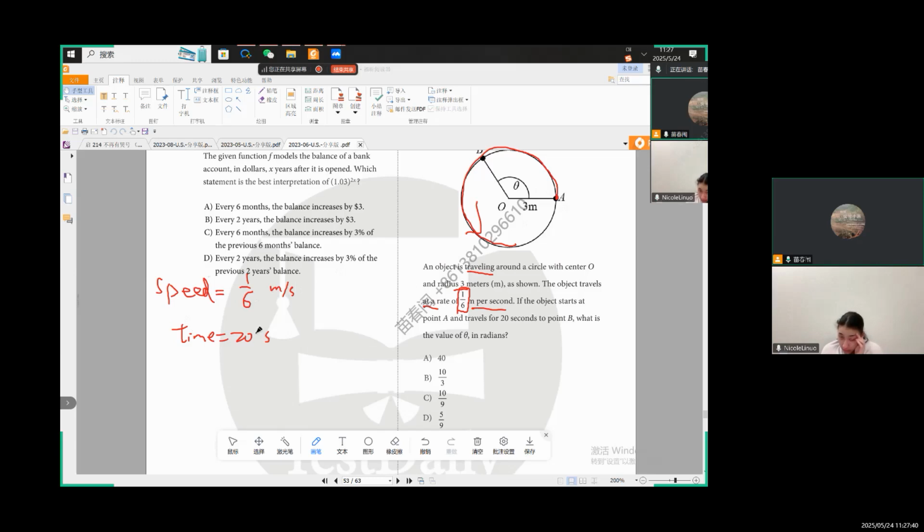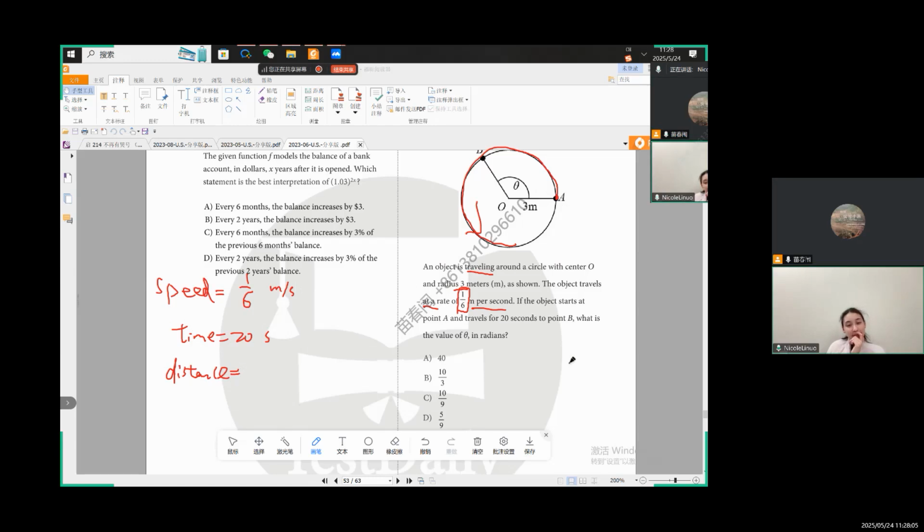Yes. So speed and time. Normally what do we get? Distance, which is speed over time? Oh, wait. Distance is what? Distance equals speed over time?